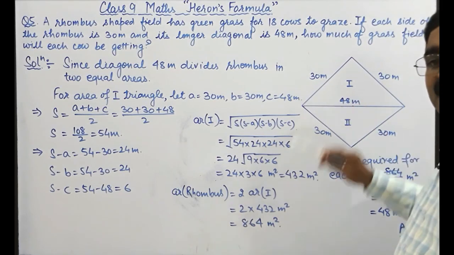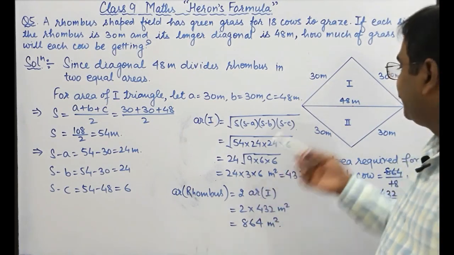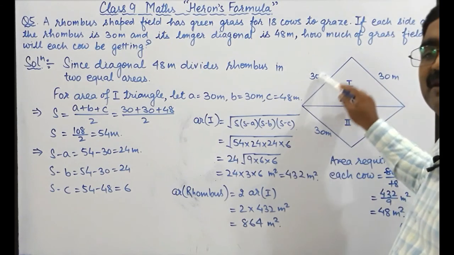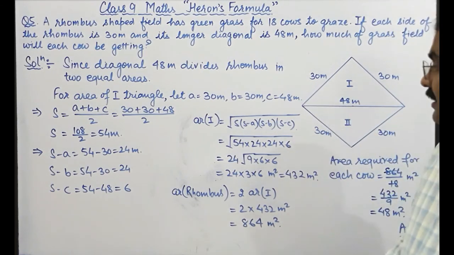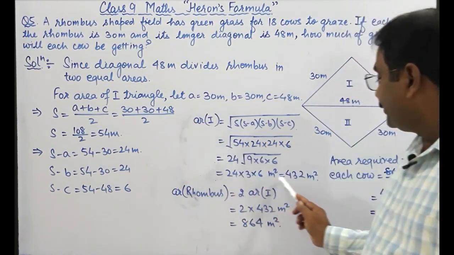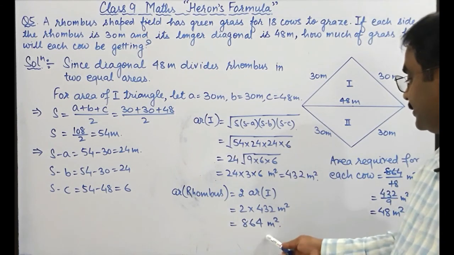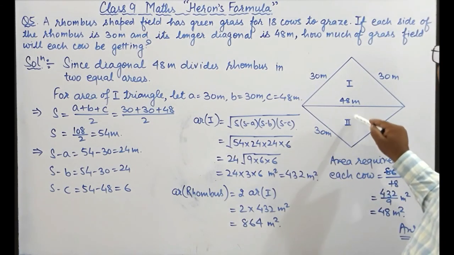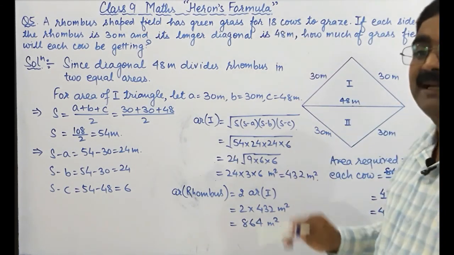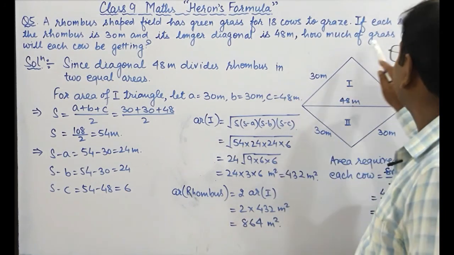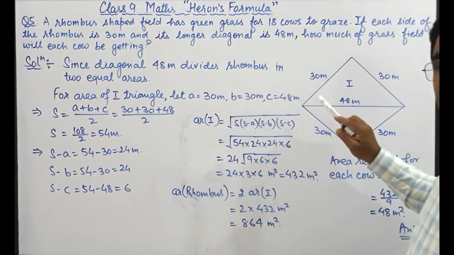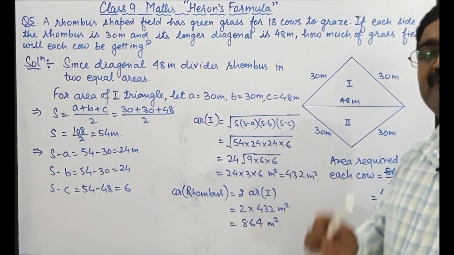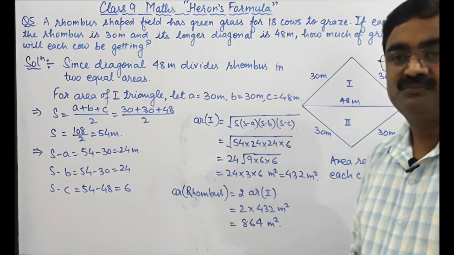After finding the area of this first triangle, we have to multiply it by 2, so we will get the area of the whole quadrilateral. After getting the area of the whole quadrilateral, we have to divide this area by 18, so we will get the required answer. That means the area of the field required for one cow, right?